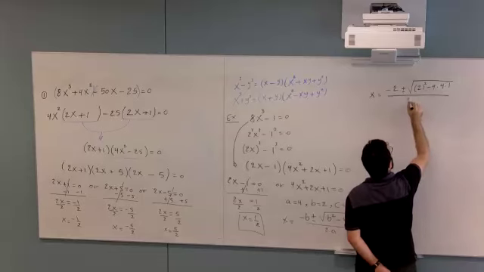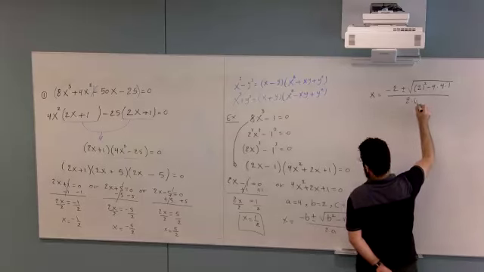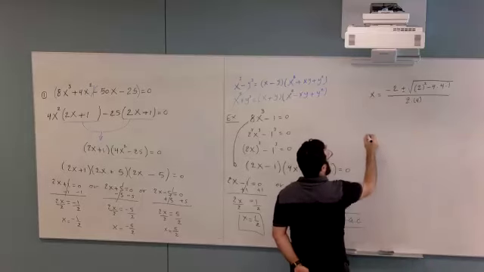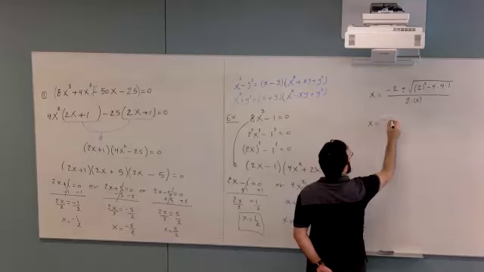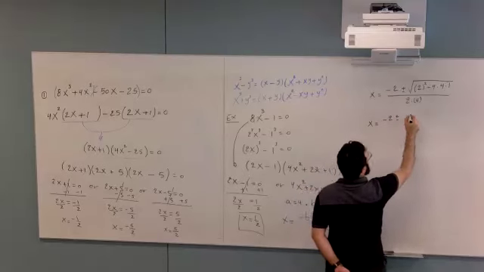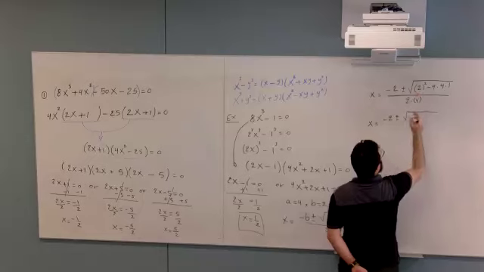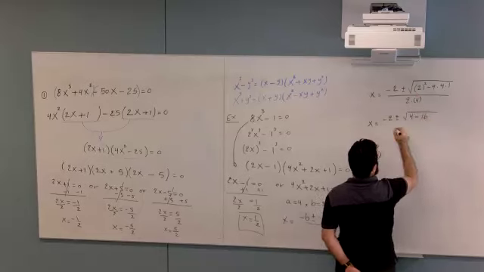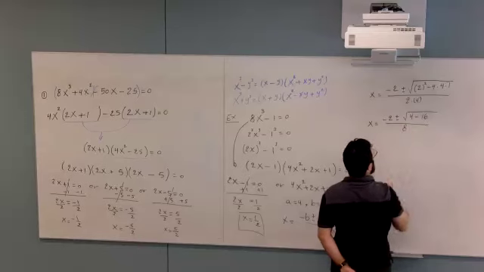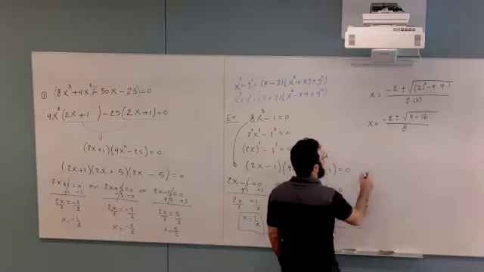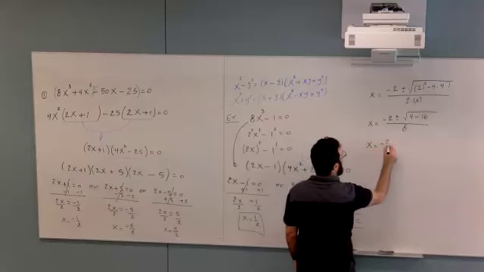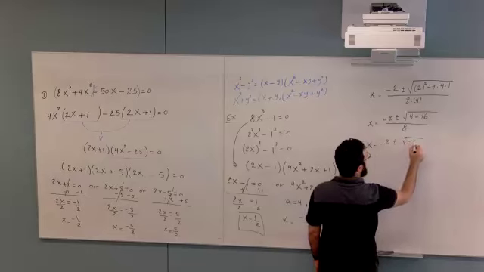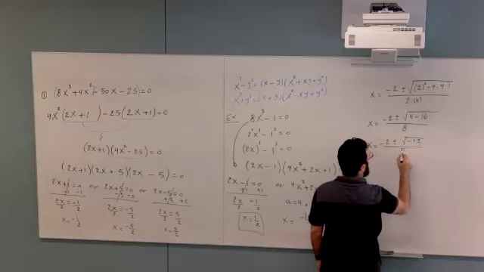Everything divided by 2 times a. That means the value of x is going to be negative 2 plus or minus this. Simplify everything here. This is 4 minus what? 16, okay, over 8. X equal negative 2 plus or minus square root of negative 12 divided by 8.